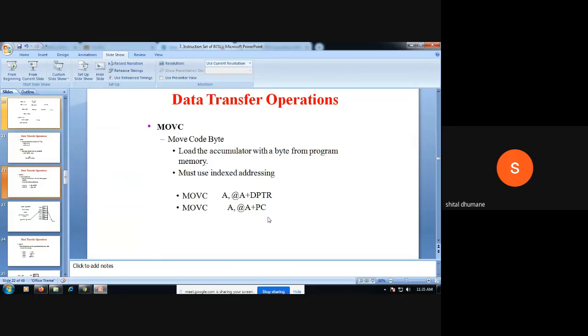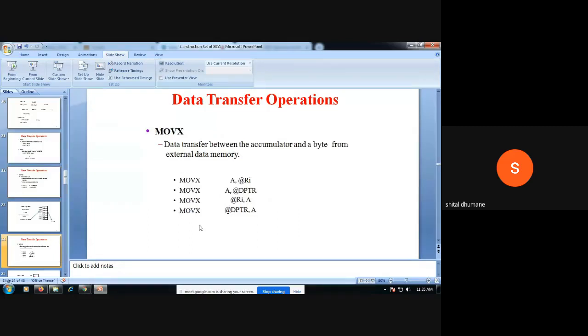Here, instead of DPTR, you consider the contents of the program counter. It will be executed in the same way. The accumulator contents get added with the contents of the program counter, they form one memory location, and the contents at that memory location move into the accumulator.